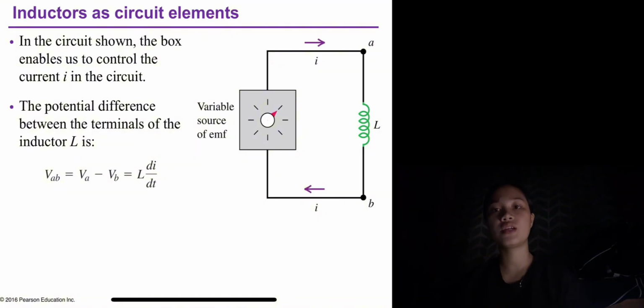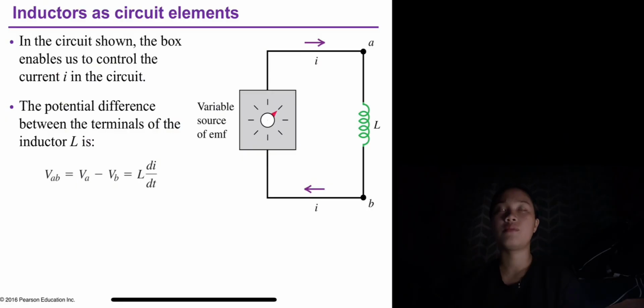In circuit analysis, inductors behave differently from resistors. The voltage across an inductor depends on how quickly the current changes and not on the current itself. Slow changes produce small voltages, while rapid changes produce large voltages.